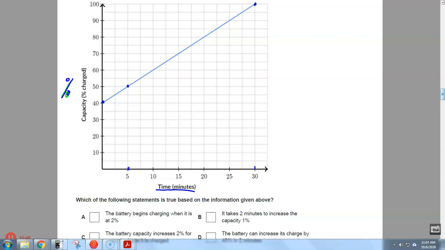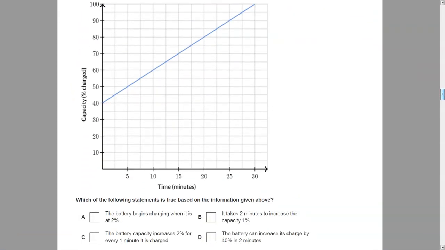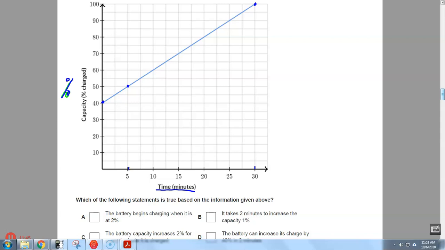We also had our equation, which I kind of lost, 2t plus 40. So let's go back and put that in here. So the charge is 2t plus 40. We always could do a little chart if we wanted to. Remember, this is the percentage, and these are the minutes. I could say, well, it's 0 minutes. We're at a charge of 40.